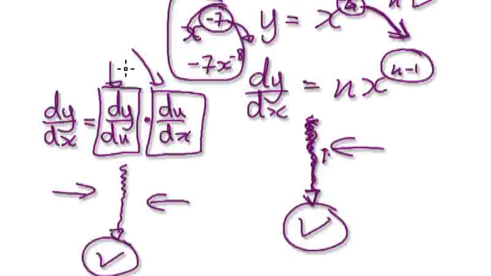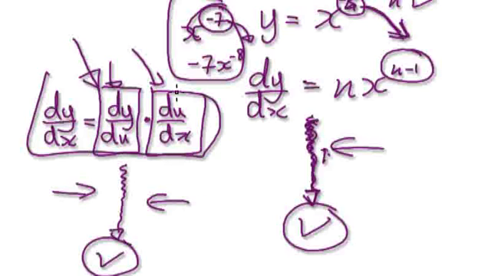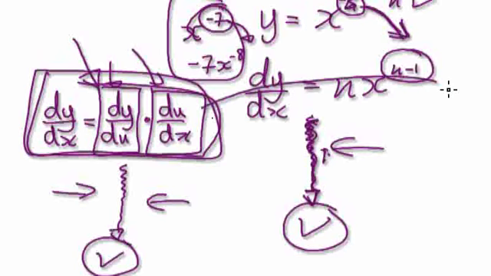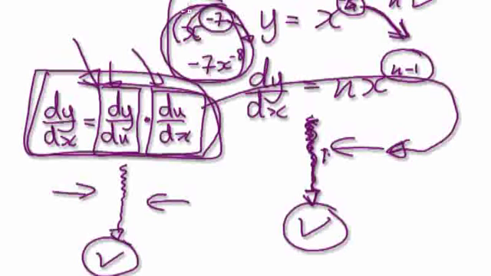Okay. For the time being, just accept this chain rule, because you need to understand the chain rule in order to understand implicit differentiation, and you need implicit differentiation in order to understand this bit here.